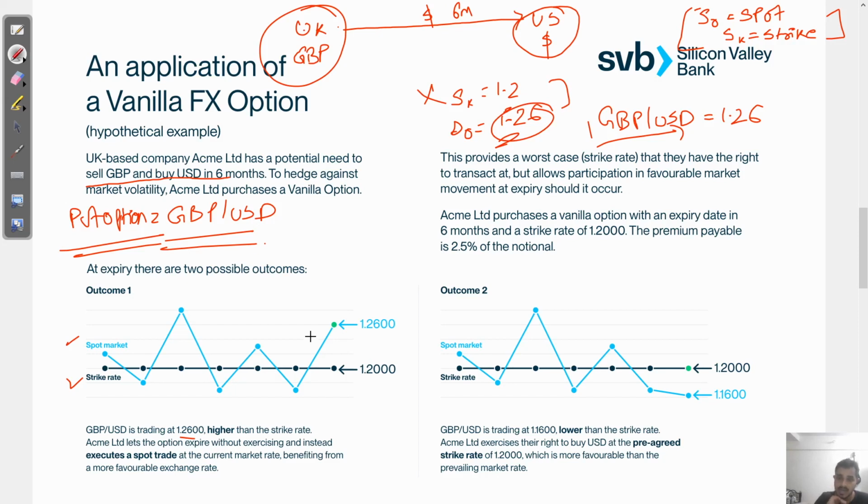So I will let the option expire without exercising, and instead execute a spot trade. We will cover the spot trade in the next video. We will cover executing FX spot in a different video. And instead execute a spot trade at the current market rate, benefiting from a more favorable exchange rate, because spot is more favorable for Acme.